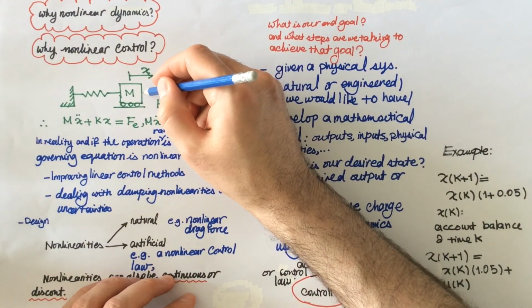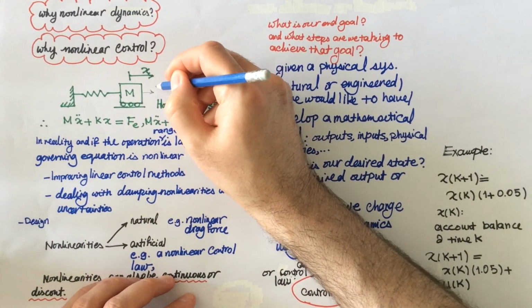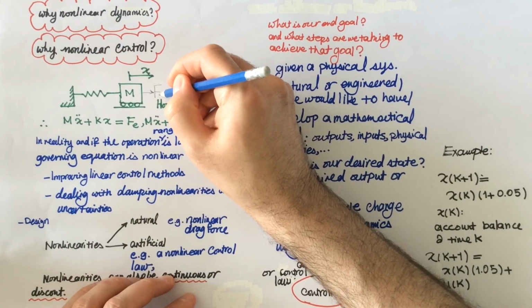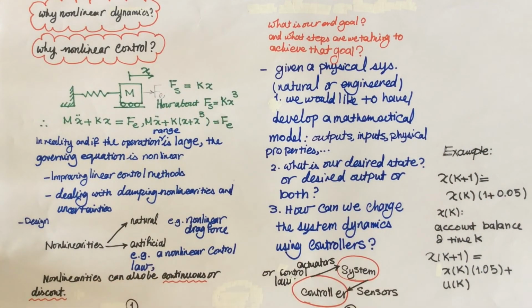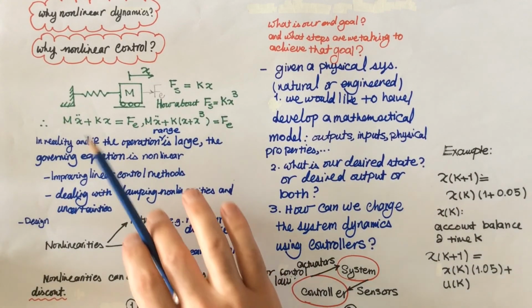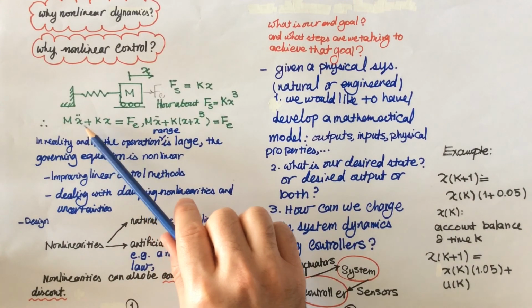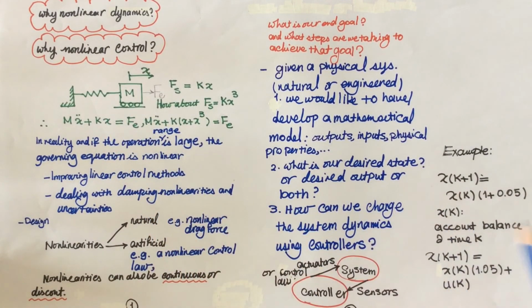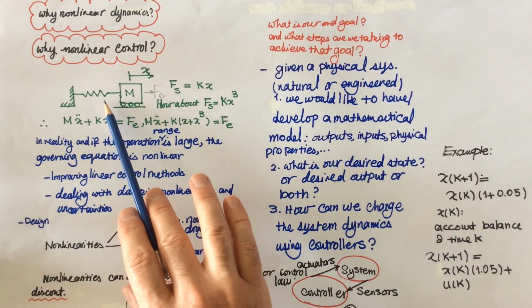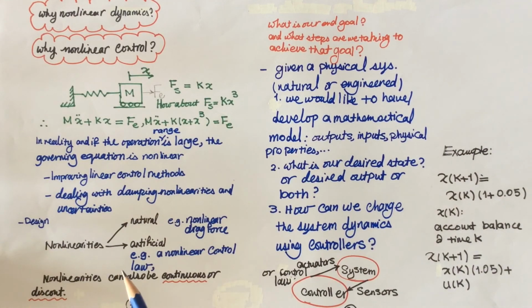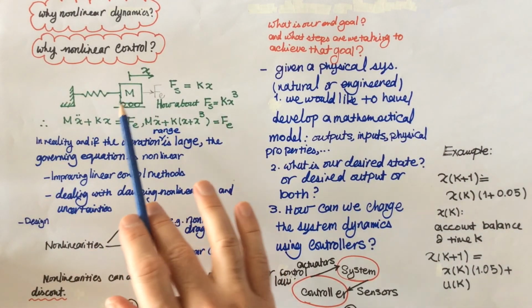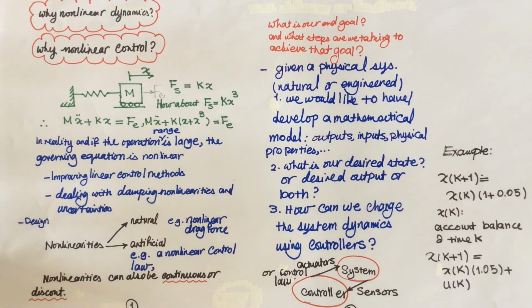So I'm applying this force and writing the equation of motion. I get m x double dot, which indicates the acceleration of this mass, and then k x.